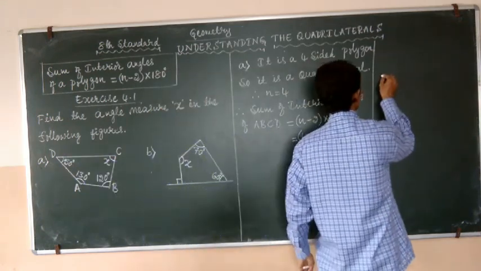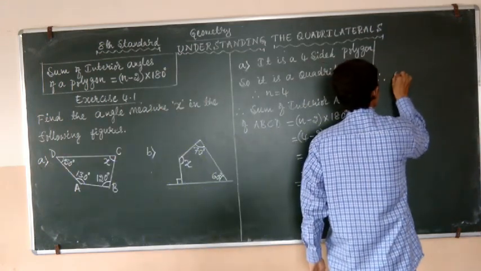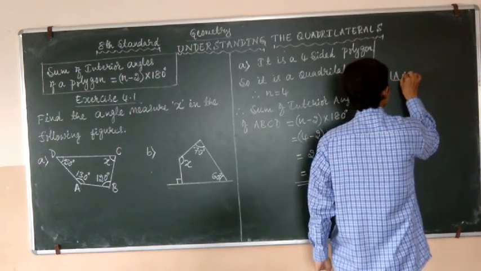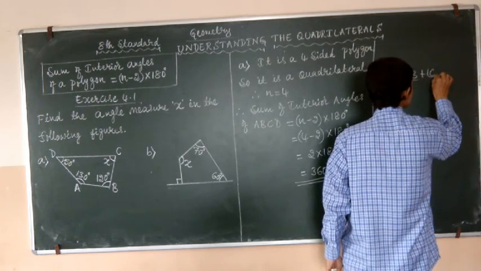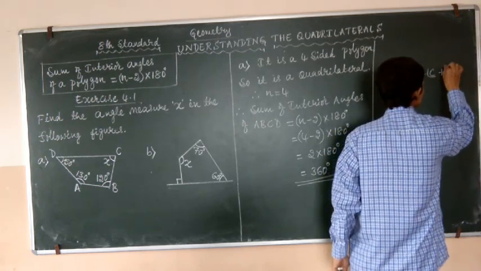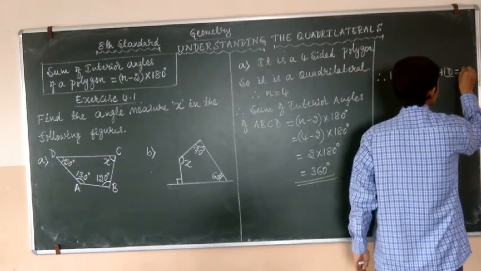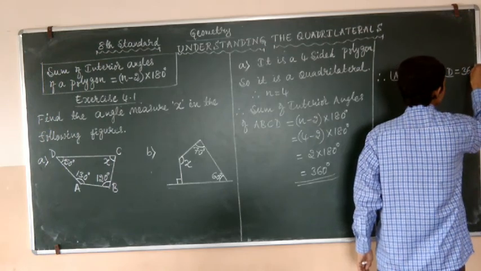In the next step, angle A plus angle B plus angle C plus angle D equals 360 degrees.